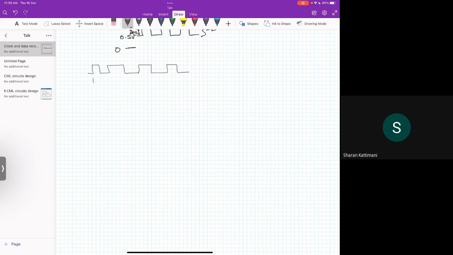Let's assume this is 1, 2, 3, 4, 5, 6, 7, 8, 9, 10, 11, 12, 13. So let's assume that these are the clock periods of the data. I have written all the clock periods in number form.